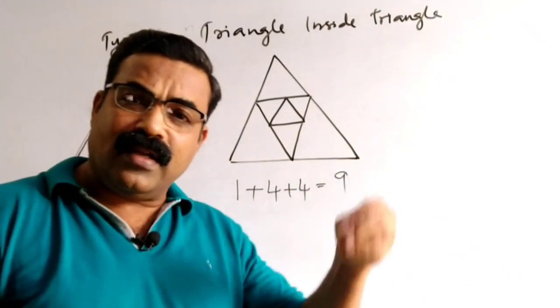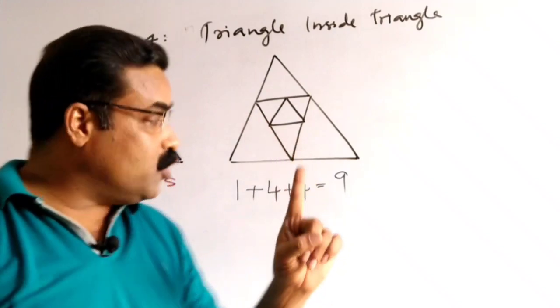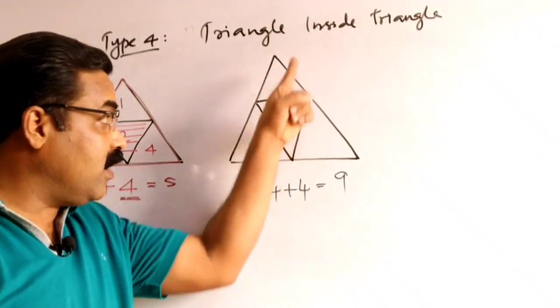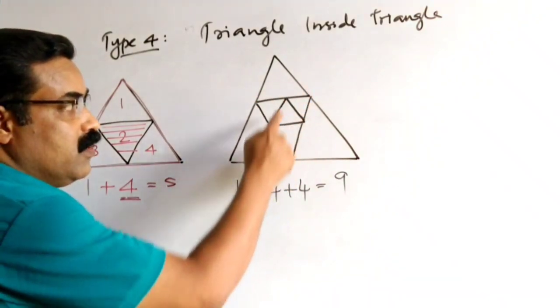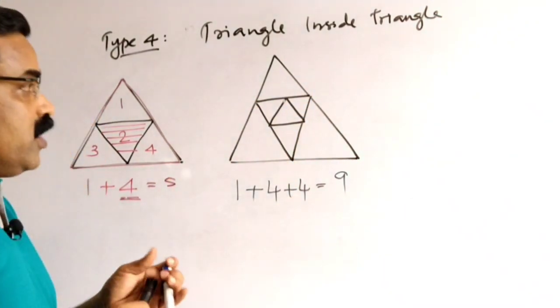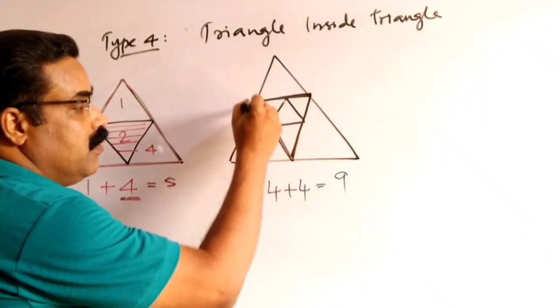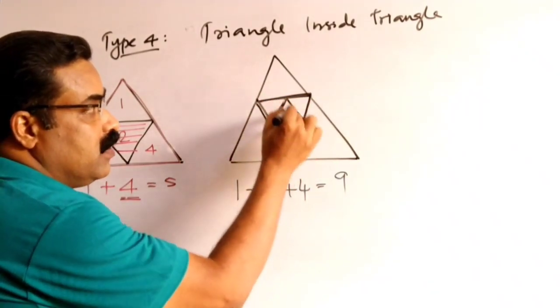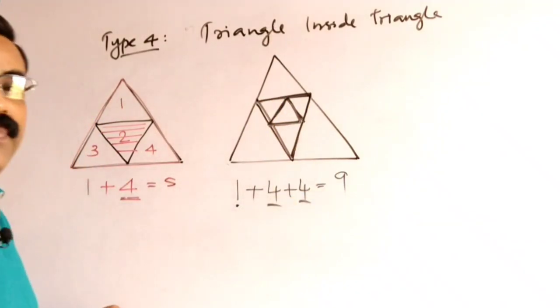You just check how many triangles are there inside and add 4. Don't forget to add this 1, that is the bigger triangle outside. So for this triangle, 4. For this triangle, again 4. And the bigger triangle, 1. So total will be 9.